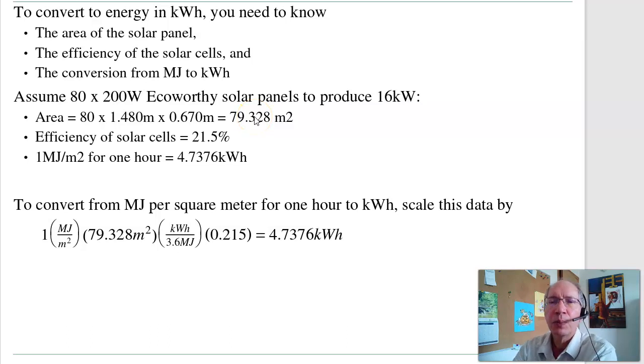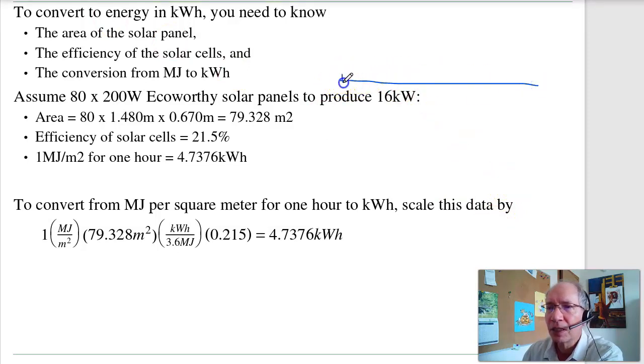Now, solar panels aren't 100% efficient. They only convert 21% of the energy into electricity. And the reason for that is if you look at the energy of sunlight, the energy does something kind of like this. With the solar panels that are made out of silicon, I take the electron gap voltage, something like this.